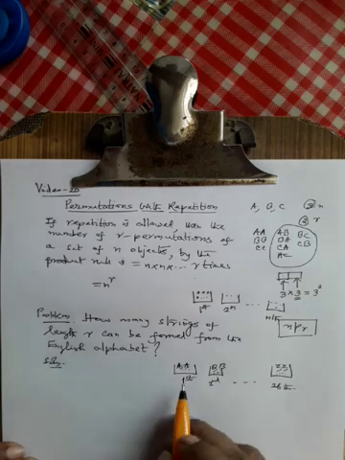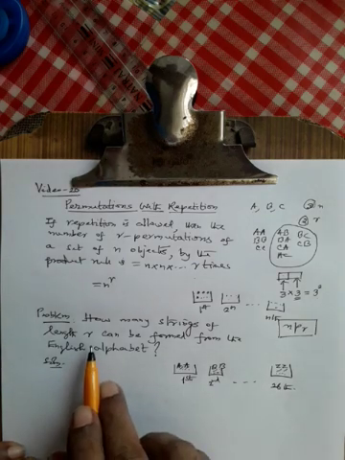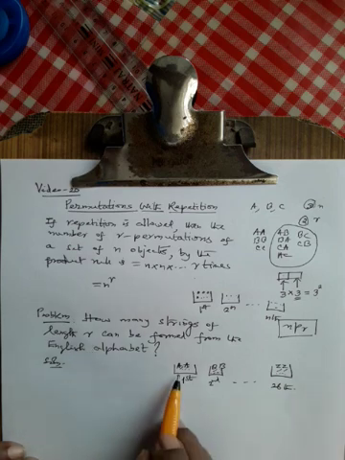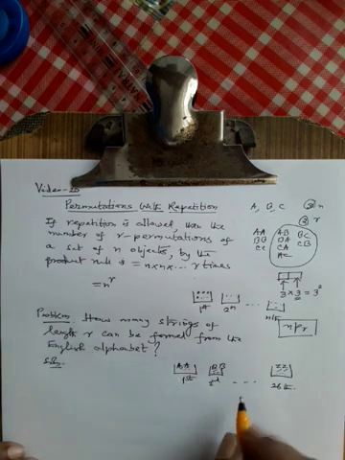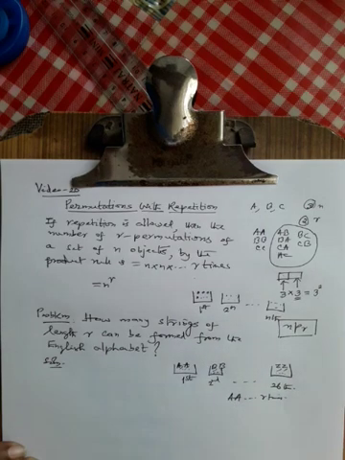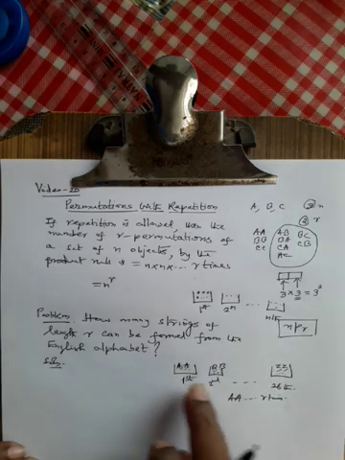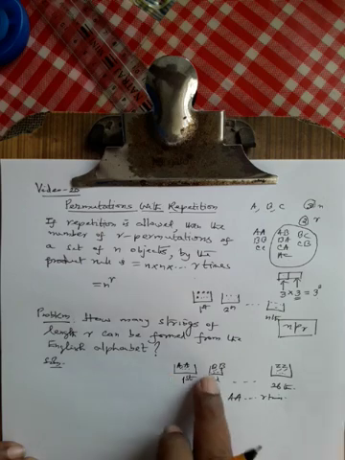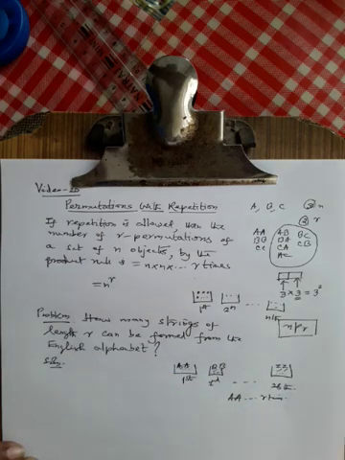Now we have to select all r letters, maybe from A itself. So A, r times, is one string. That is repetition, all of them are A. That is one string. A coming r minus 1 times and B once, like that you can have many ways.